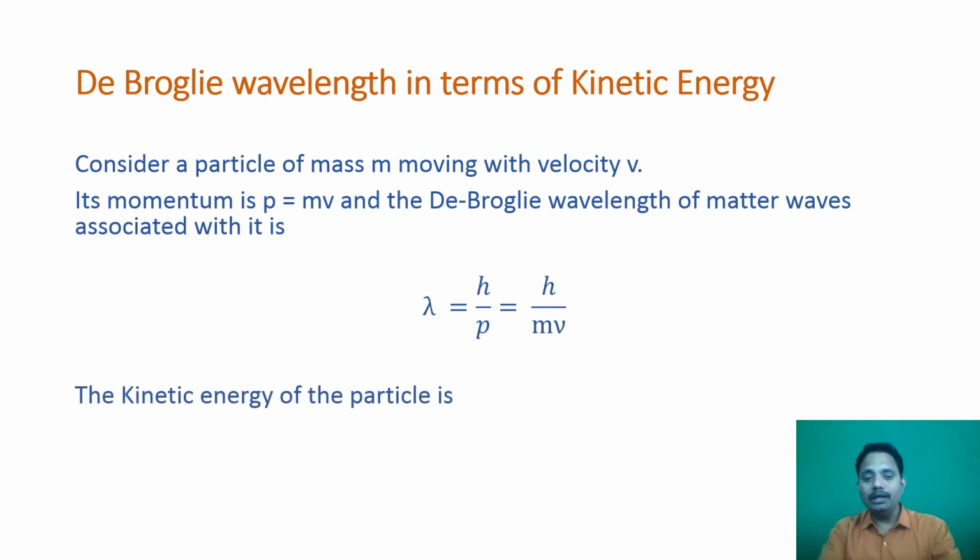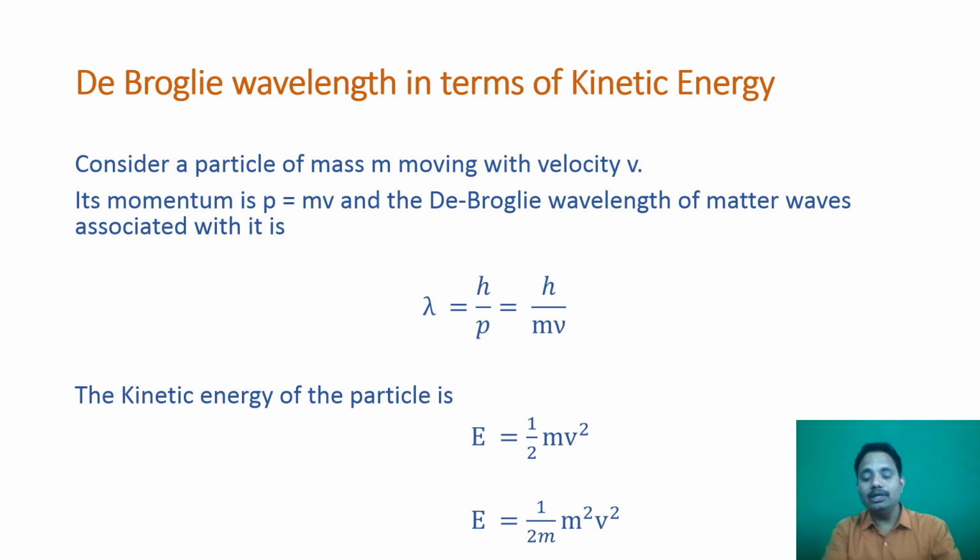Next, the kinetic energy of the particle, as we already know, is E is equal to half mv square. In this equation, we have to write half mv square in terms of momentum, so we have to get p square. For that purpose, we multiply by m and also divide by m.